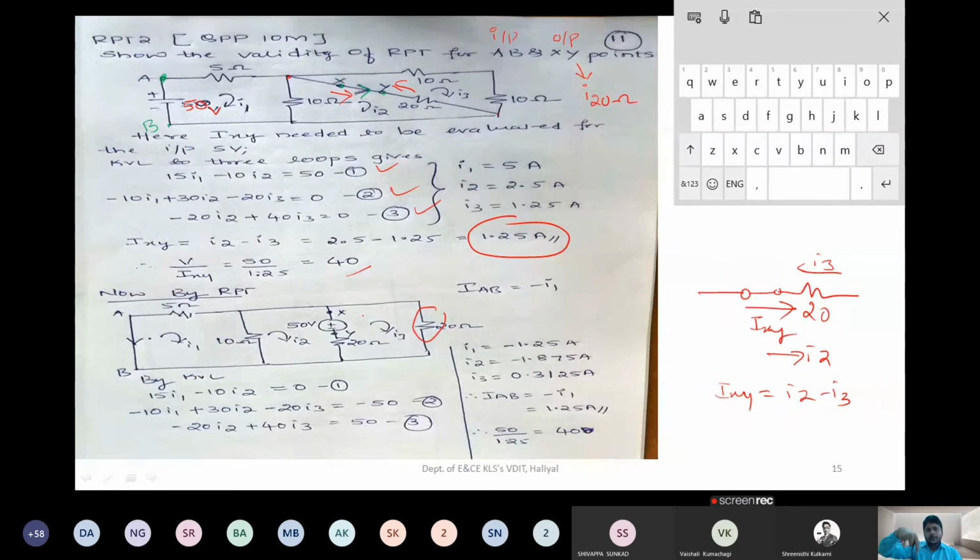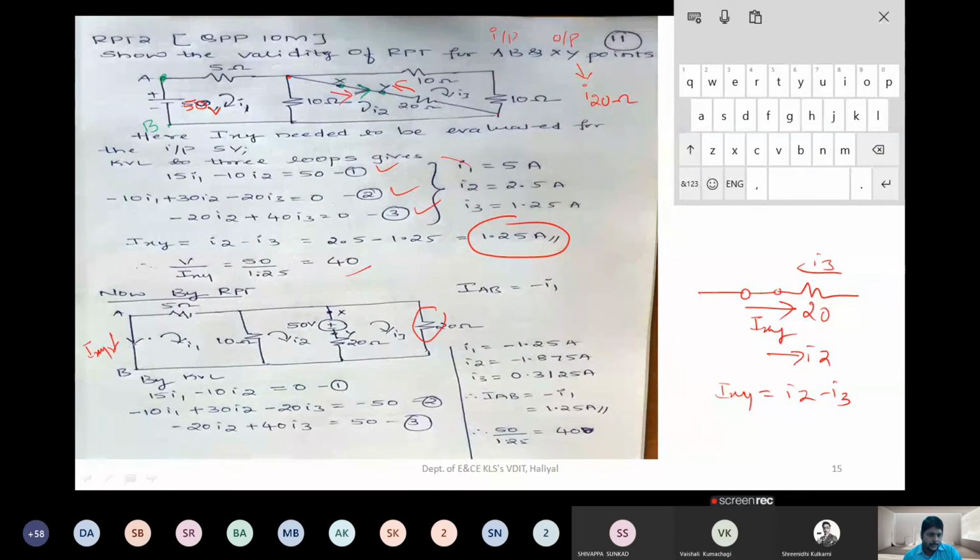And how the current was flowing? Current was flowing from X to Y. So if you observe parallelly, that is A to B, right? So this current is nothing but your IXY only. Okay. So what you have to do now?